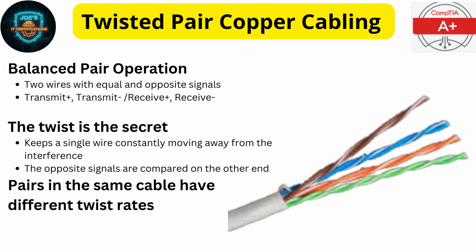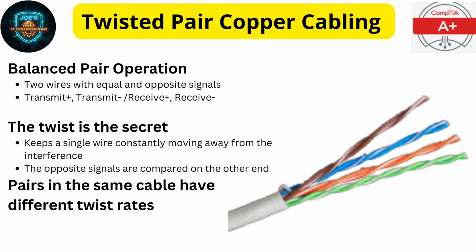And if you look closely at the cable that you're using, you'll notice that each of those wire pairs is twisted at a different rate. The receiving side can compare all four of those wire pairs and see the differences in that interference across all of those pairs at the same time. And since there are differences in the twist rate, the receiving device can easily see where the interference might be and where the good signal might be inside of that cable.